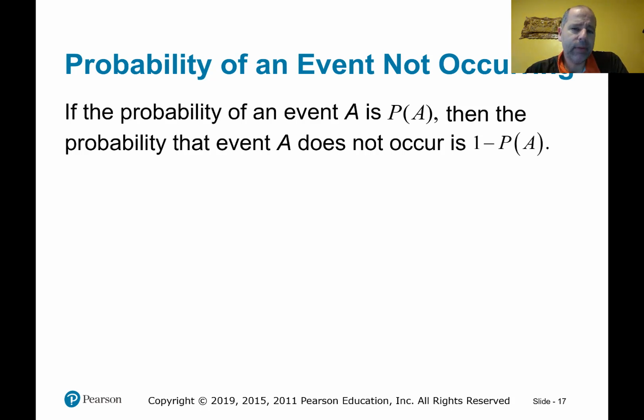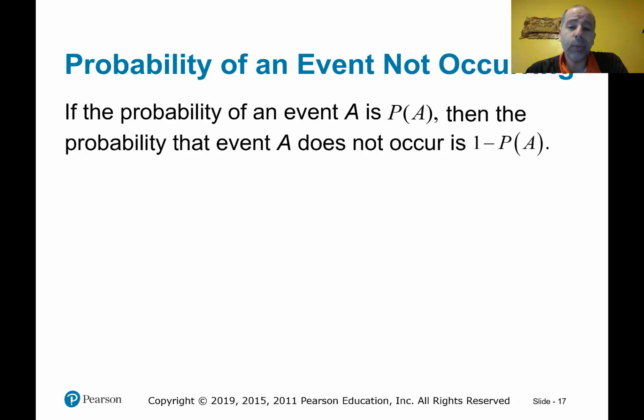Now let's talk about something called the complement. So we've been talking about the probability of an event occurring, but now let's talk about the probability of an event not occurring. So in other words, instead of talking about the probability of A, what about the probability of not A? What about the probability that A doesn't occur?